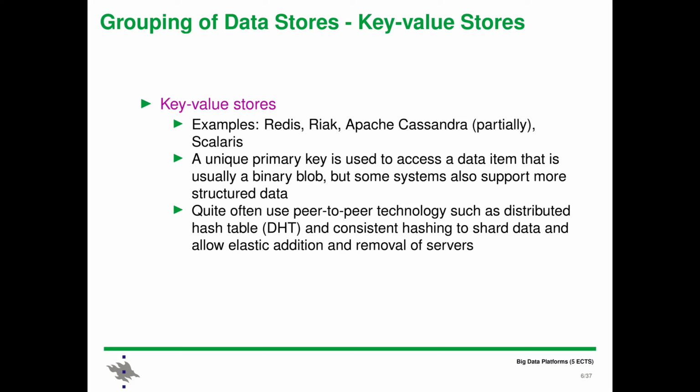Some examples of key value stores are Redis, Riak, and Cassandra. Cassandra is a difficult one because it has a lot of different kinds of features, but it partially matches this key value store feature set. On the academic side, there's a not widely used system called Scalaris. That's also a key value store.